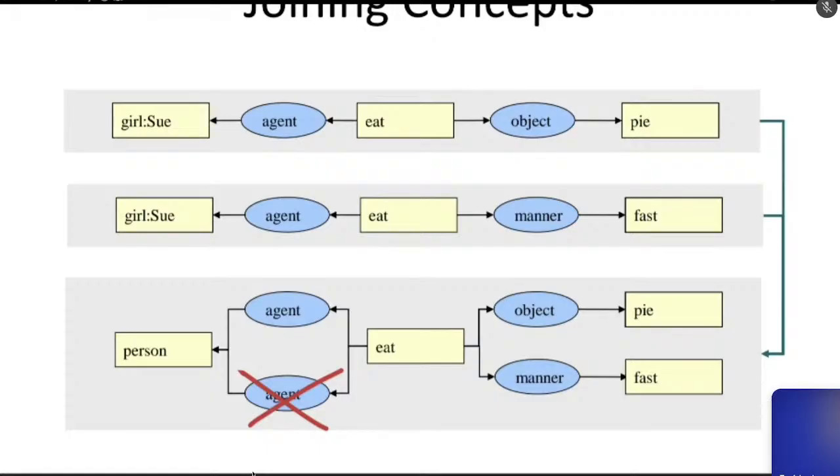Eat is being done by a person. You could have retained girl Sue, but it doesn't matter. Here we are focused on how to join two graphs. So eat is being done by a person, and the object of eating is pie. The manner in which you're eating is fast. So joining, you're just joining here.